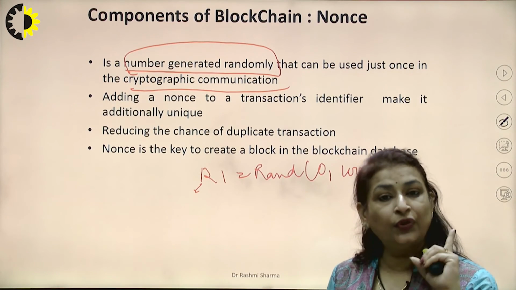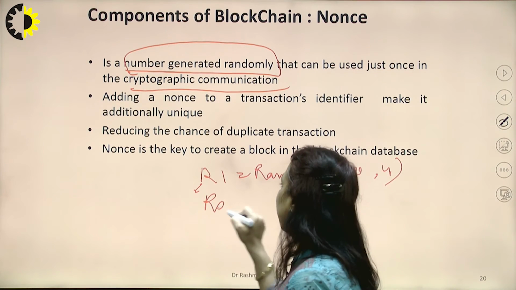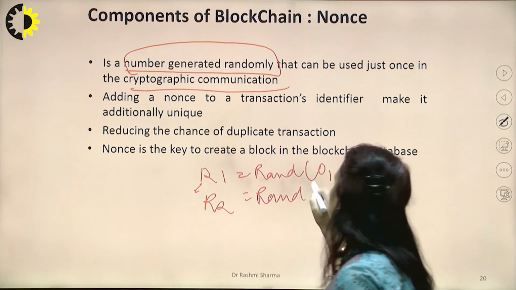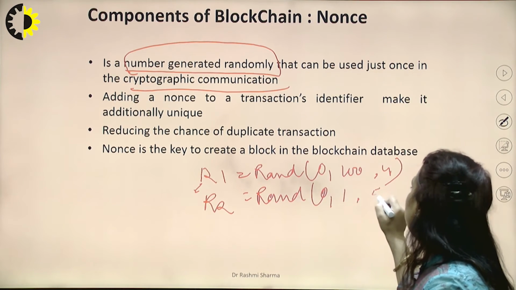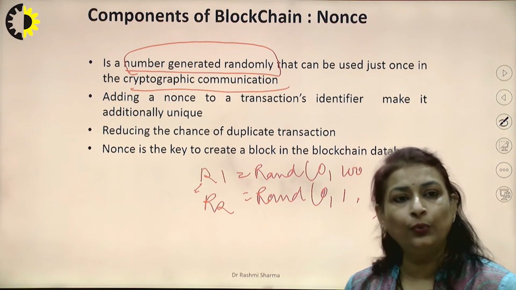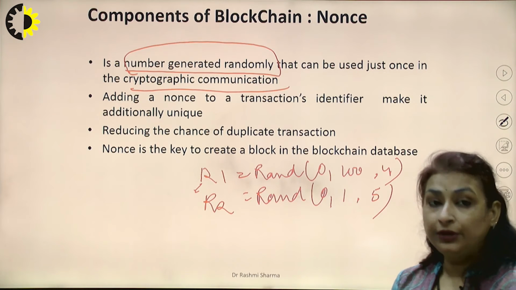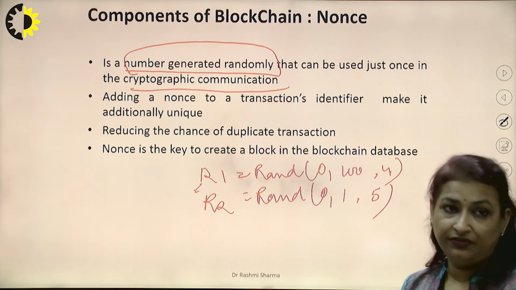It would be used for only one transaction. Whenever there is another transaction, we generate another random number. That random number can be between 0 and 1 with 5 decimal places. So each time we generate a new random number, maybe within the same range with the same decimal places, but a new random number is generated for each and every transaction.